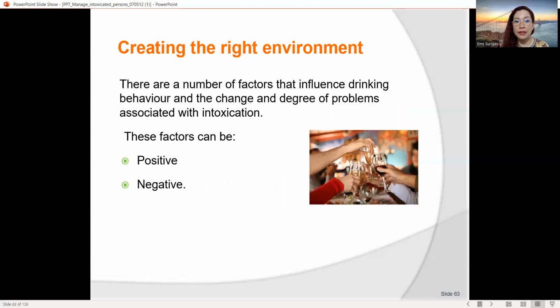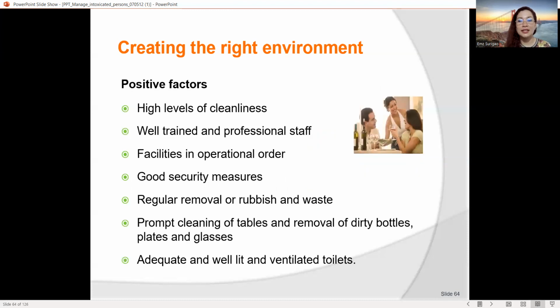Creating the right environment. There are a number of factors that influence drinking behavior and the change and degree of problems associated with intoxication. These factors can be positive or negative. The positive factors are high levels of cleanliness. Second, a well-trained and professional staff.